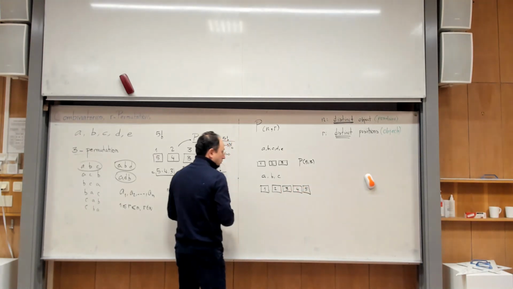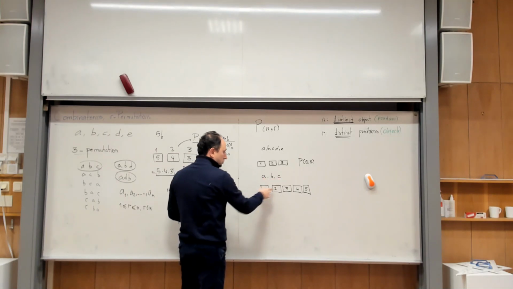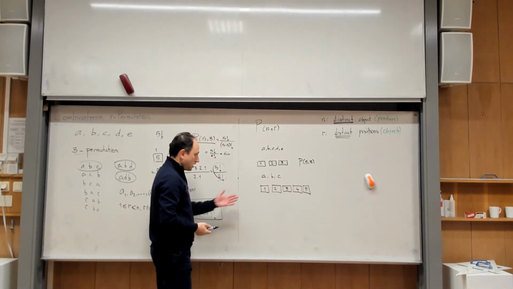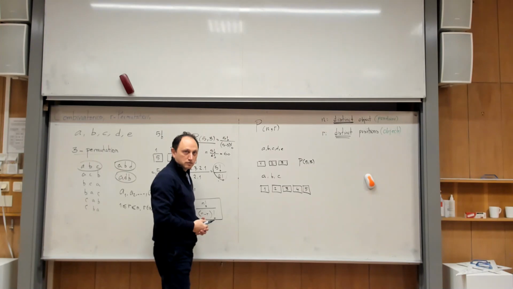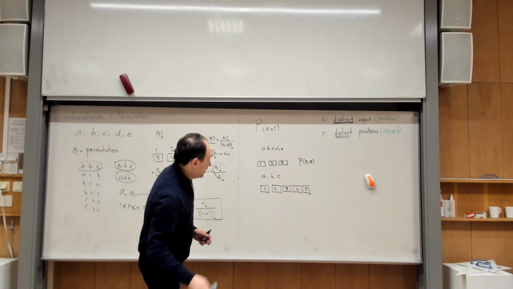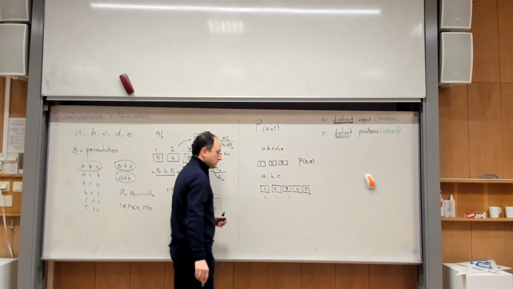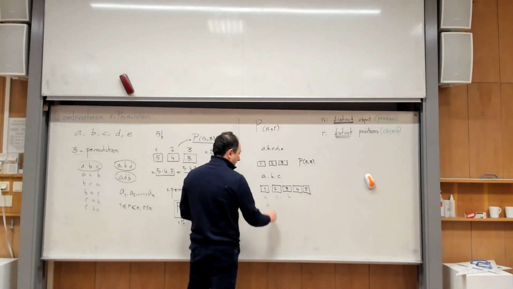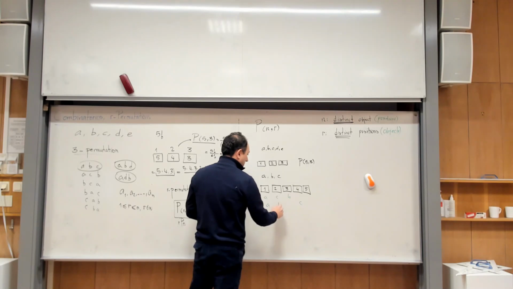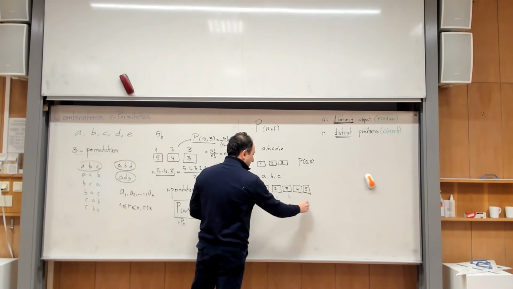And of course, I want to start putting these into these boxes. In this case, some will be left empty. For example, one scenario is that I put A here, C here, B here, and these are empty.